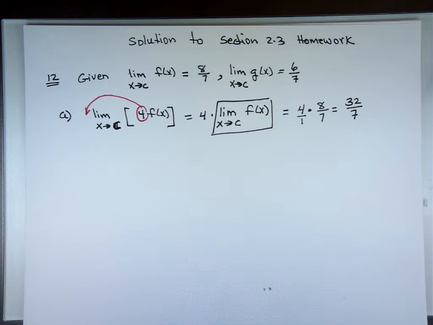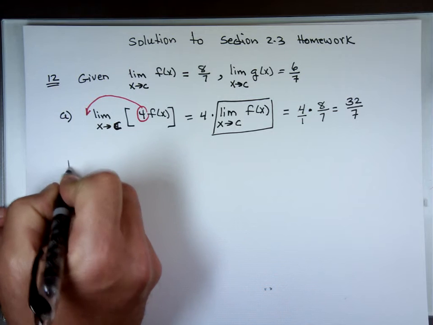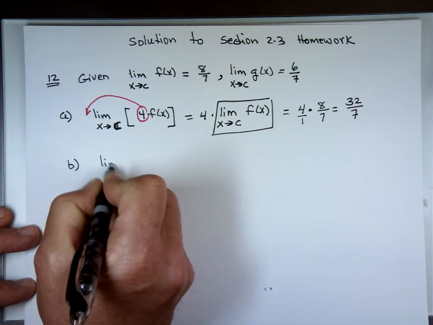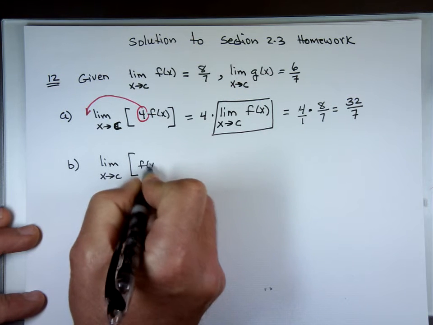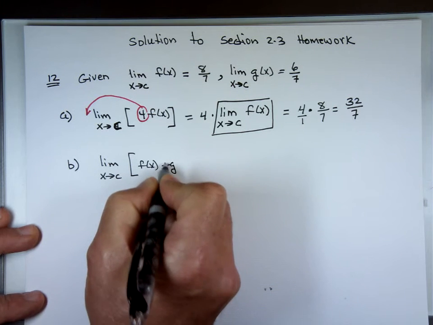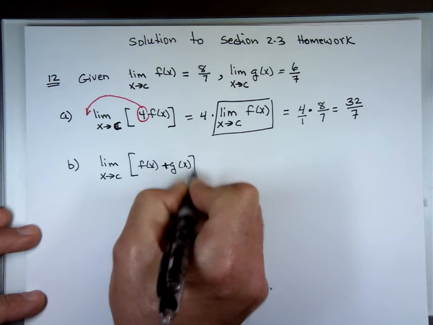Second part of the question. Let's find the limit as x approaches c of f of x plus g of x.